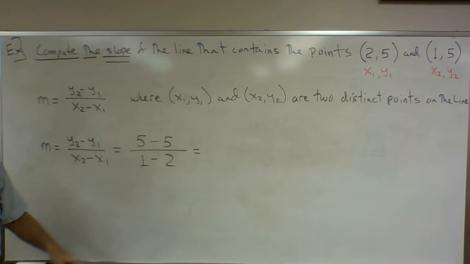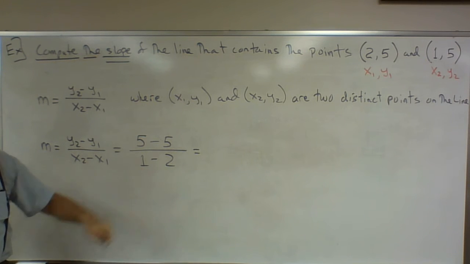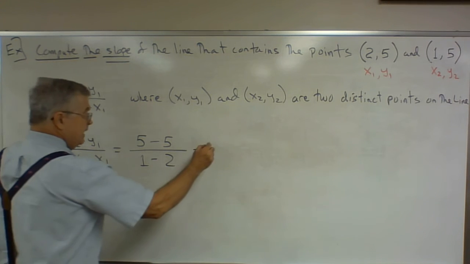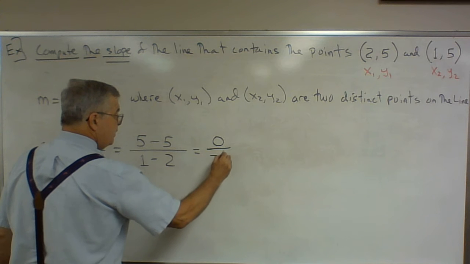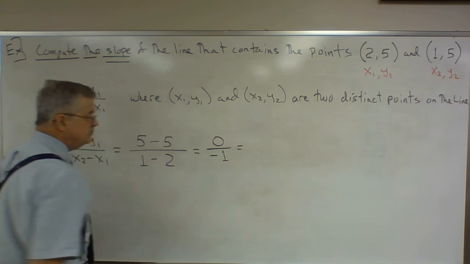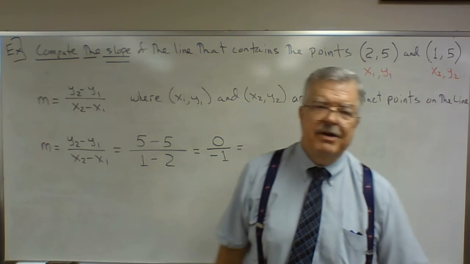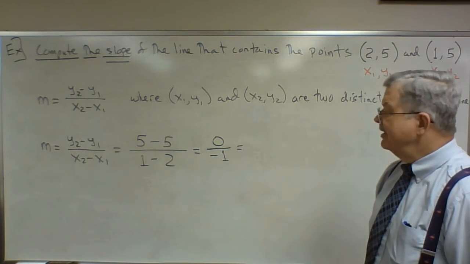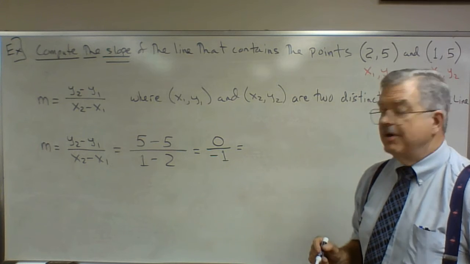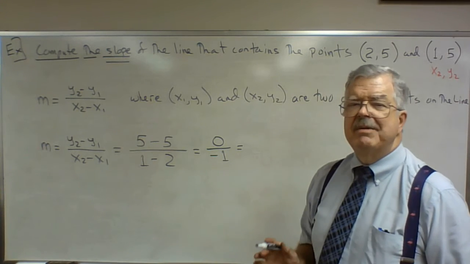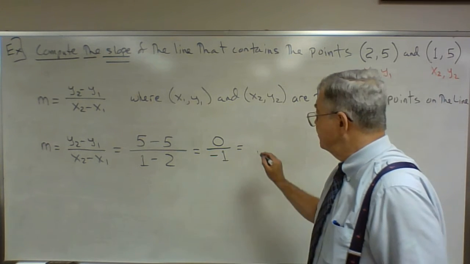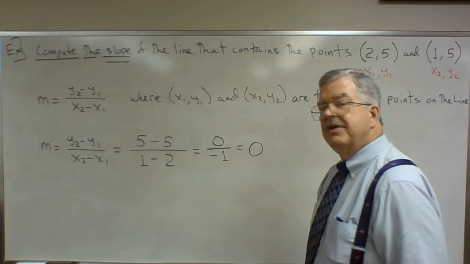Y2 minus Y1 over X2 minus X1. And we get 0 over negative 1. 0 divided by anything other than 0, 0 divided by any other number, is just 0.